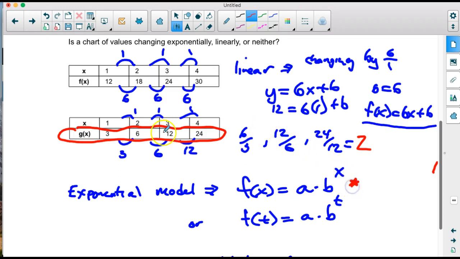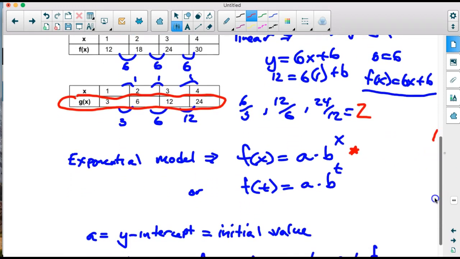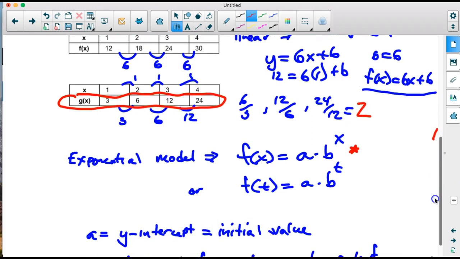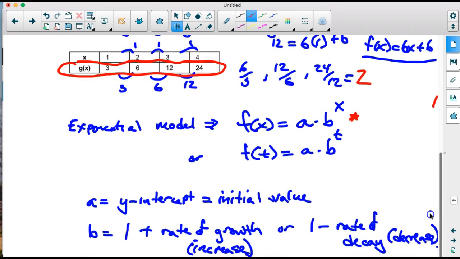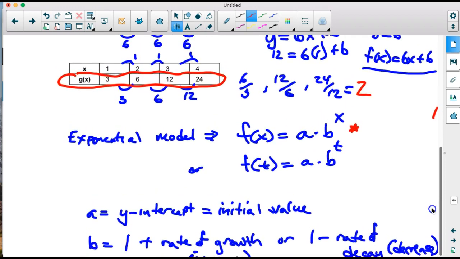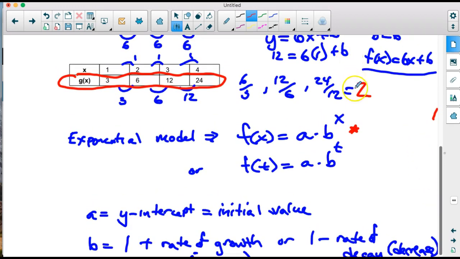We know what a is. A happens to be the first value, or the initial value of the function. It's the y-intercept, or the initial value. And b is the rate of growth or the rate of decay. In this case, that's 2 because we've divided and found that growth rate.